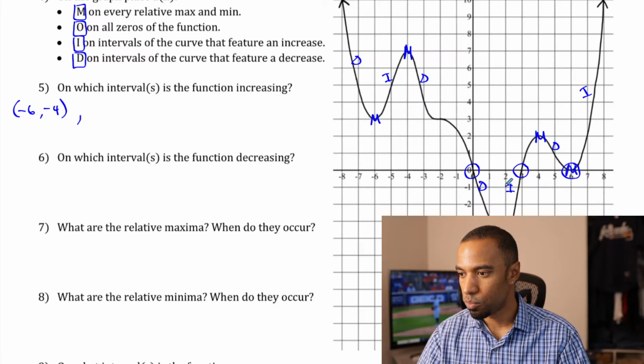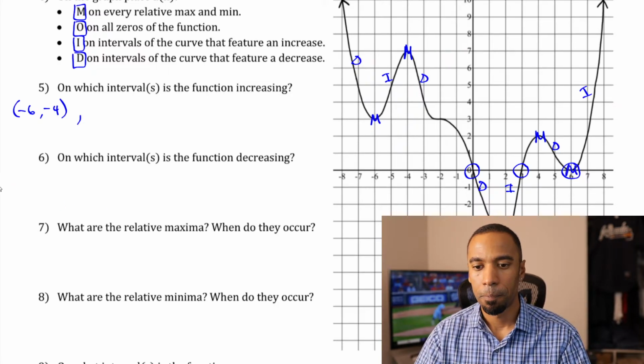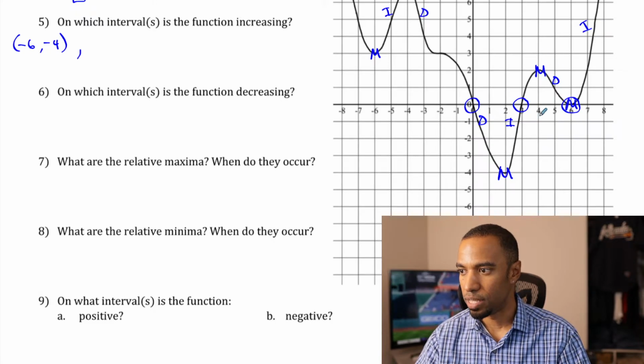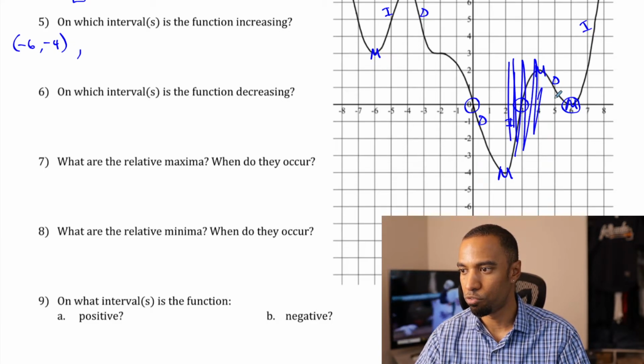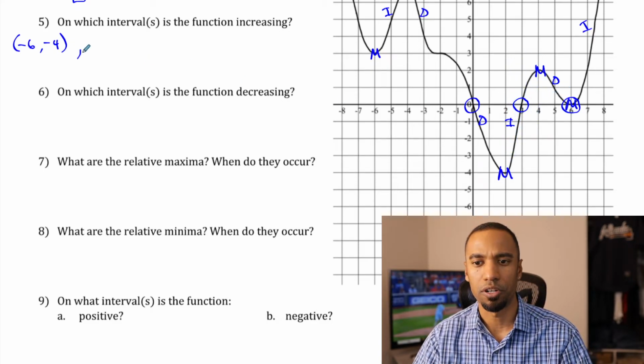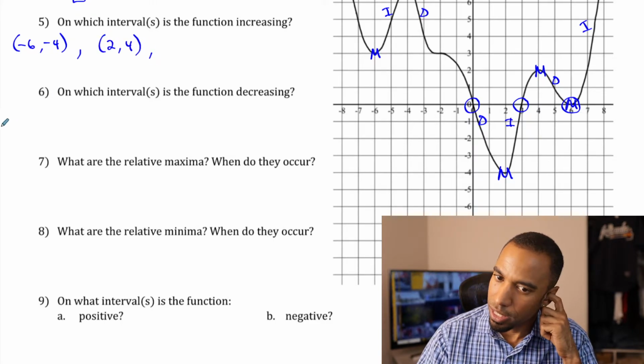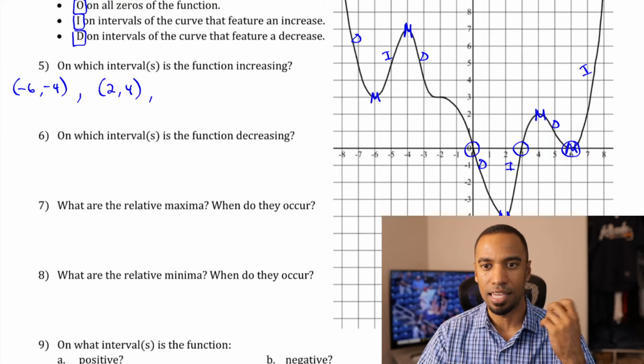It's also increasing right here on this I from x equals 2 all the way to x equals 4. So from 2 to 4, you see another increase. Hopefully you're understanding what I mean when we're listing those. And lastly, there's an increase at the tail end.